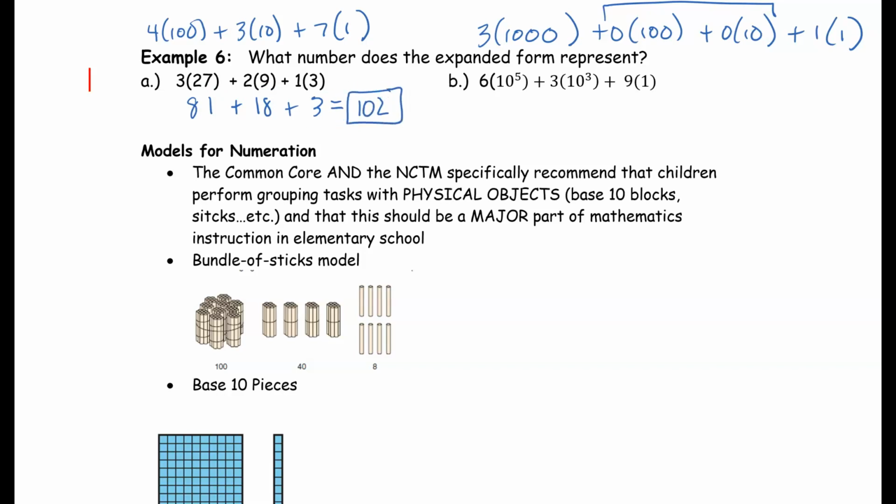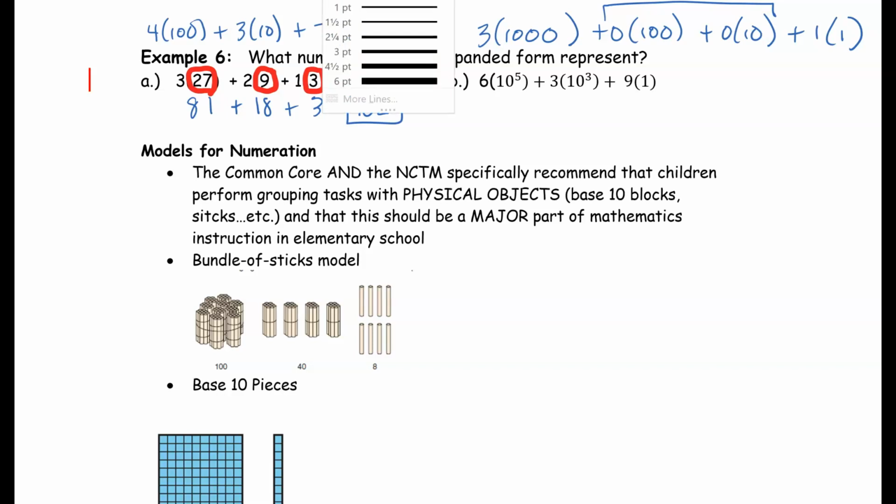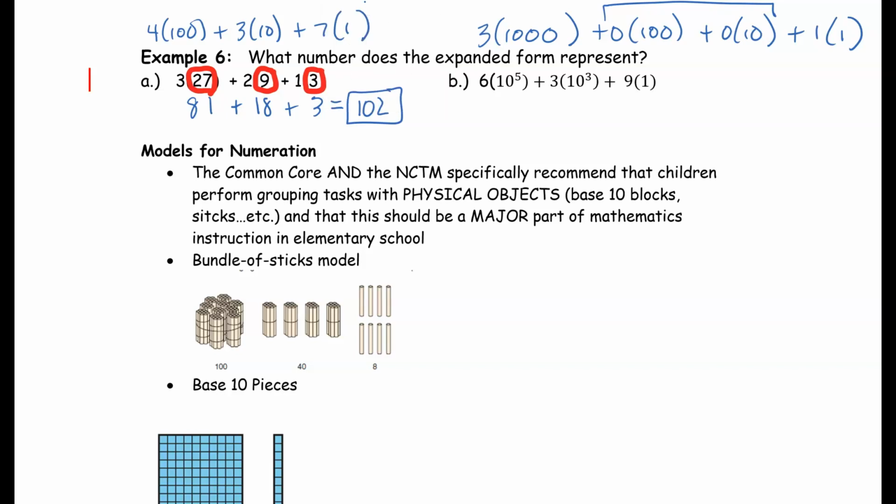Now, did you notice in this one, you might be thinking, okay, well, our groups, so we have a group of 27, a group of 9, and a group of 3. So that's not base 10, because those numbers are not 10. So we can actually do computations and write numbers in different bases, and this is kind of alluding to that.